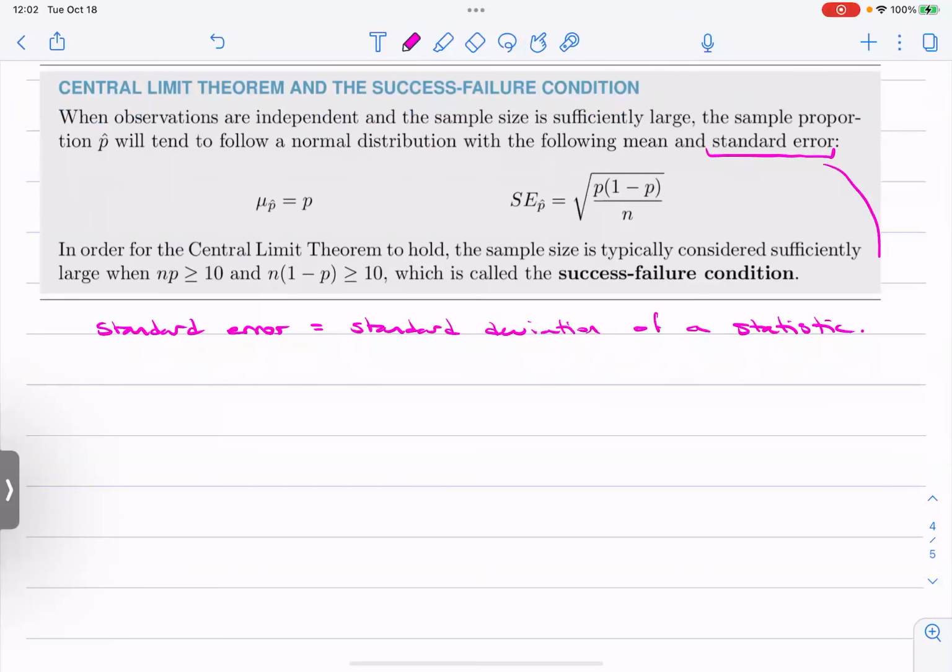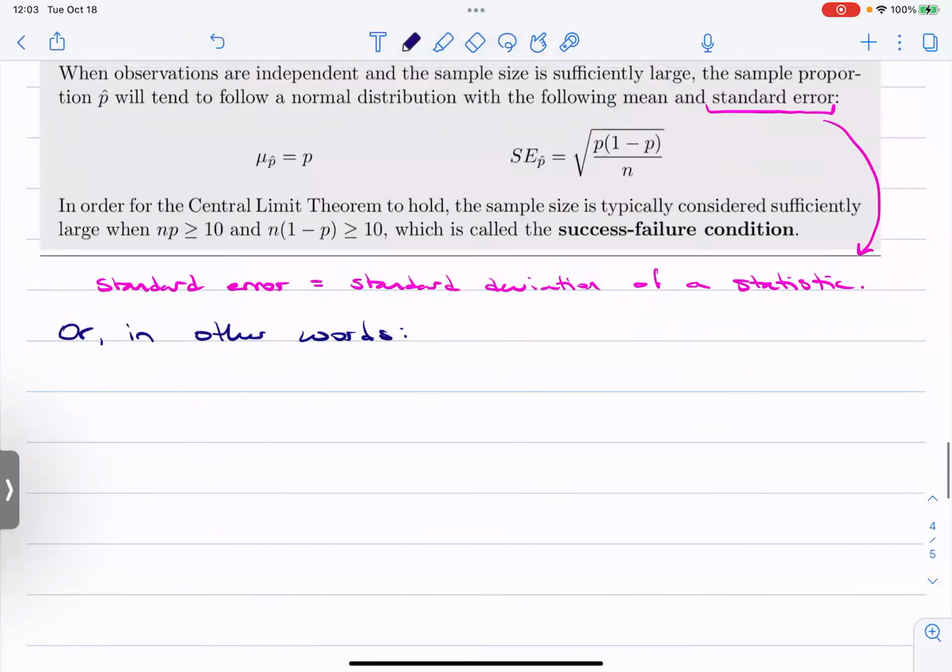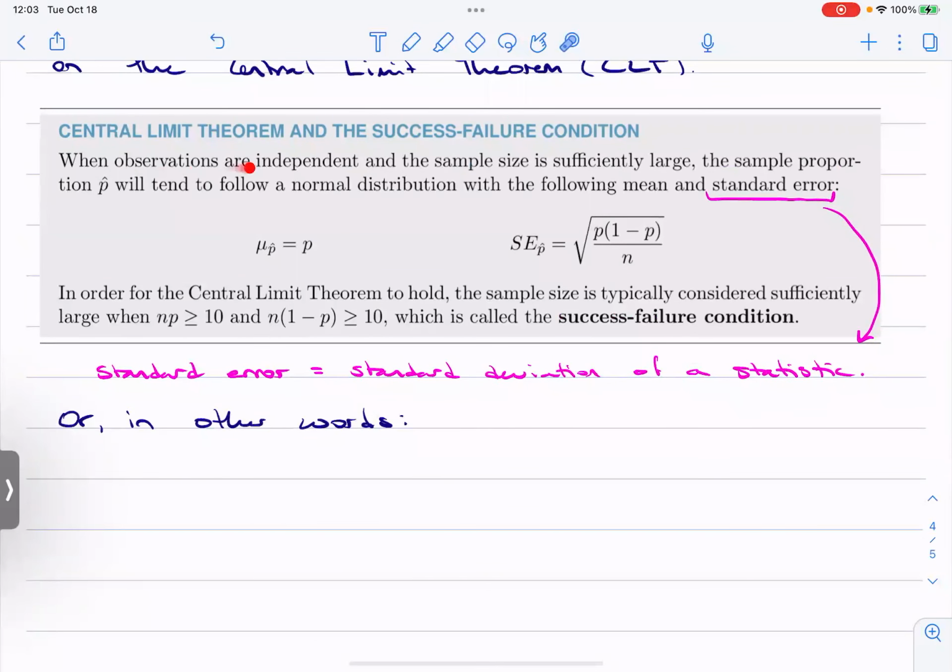All right, so now let's pick this thing apart. Or in other words, when observations are independent, how do we know if they're independent?